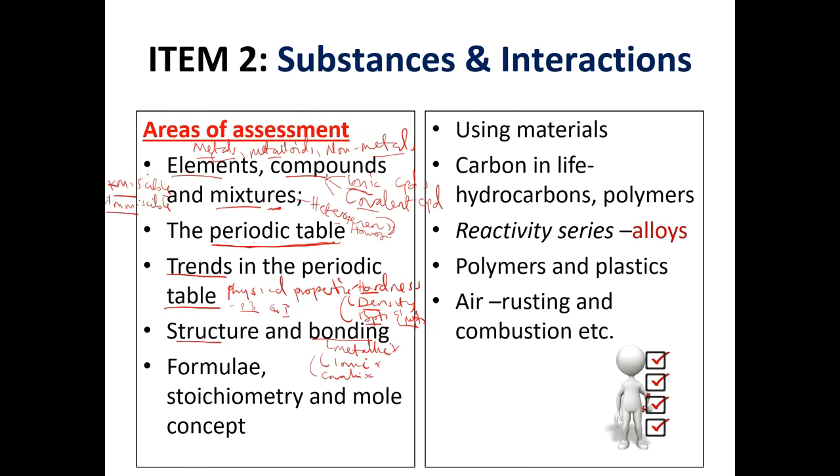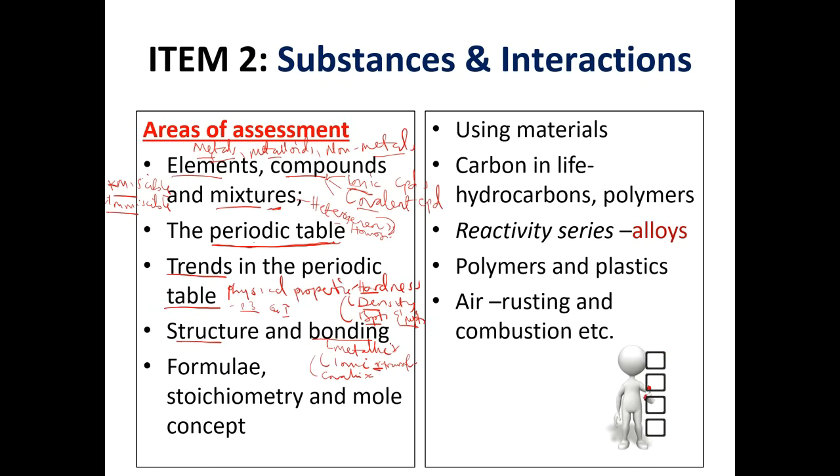Ionic bonding involves transfer. That is a key word. Transfer of electrons from a metal to a non-metal. Then covalent bonding is where we are looking at sharing of electrons between non-metals.